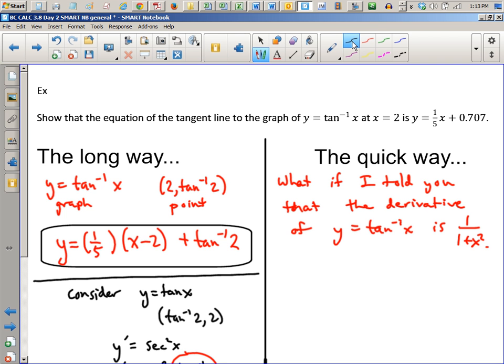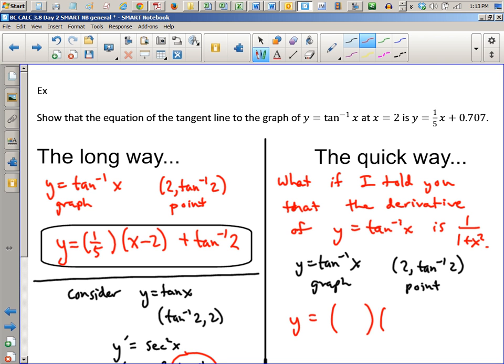You would then just go like this. The graph is y equals arctan, right? The point is 2 comma arctan of 2, right? The tangent line would look like this. Basically, y equals blank times x minus 2 plus arctan of 2.